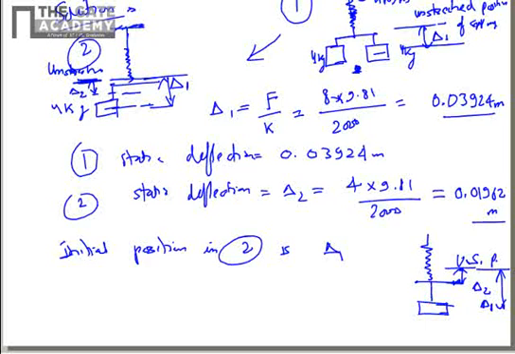So the amplitude of vibration we know now. The amplitude is the maximum displacement of the mass from the mean position. So the amplitude of vibration will be equal to delta 1 minus delta 2.